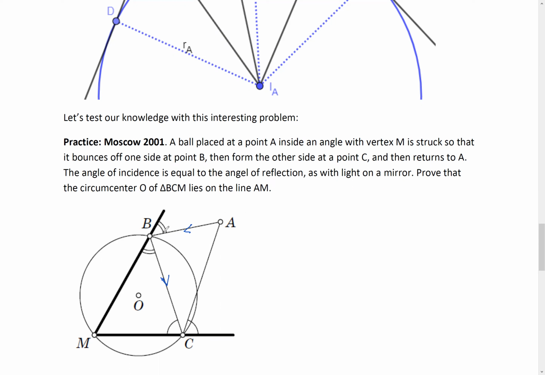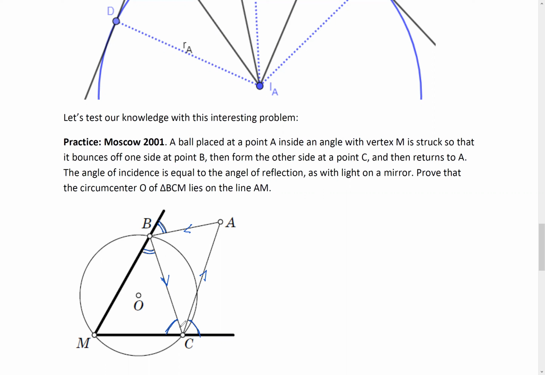It's bouncing, so it's like a mirror, right? This angle equals this angle. Makes sense, no? It's kind of a reflection. It bounces off like a mirror, touches again on this wall, bounces backwards, straight back to A. It returns back to A. That's very interesting. So this angle equals this angle.